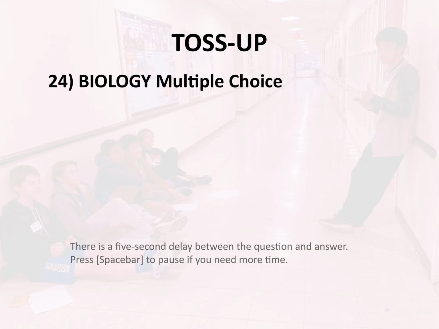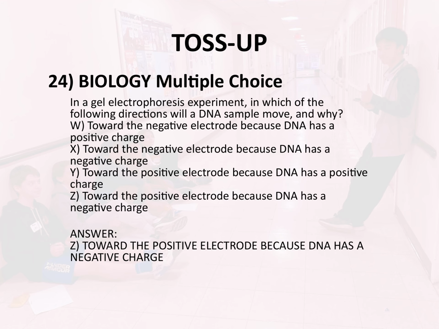Y. Toward the positive electrode because DNA has a positive charge. Z. Toward the positive electrode because DNA has a negative charge. Answer. Z. Toward the positive electrode because DNA has a negative charge.